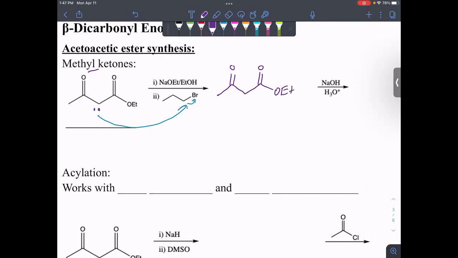Well, there's no choice for kinetic or thermal. Maybe if he gave you something like this and then LDA, you would probably deprotonate here. But in those cases, he also adds stuff to this carbon, so it's less confusing. It would be pretty obvious that you'd have to take from this side because there's stuff on here.